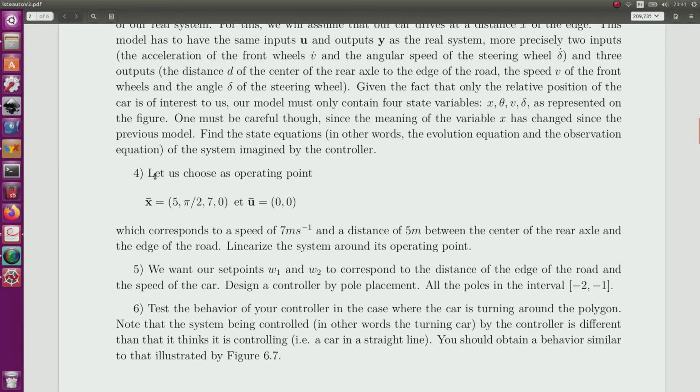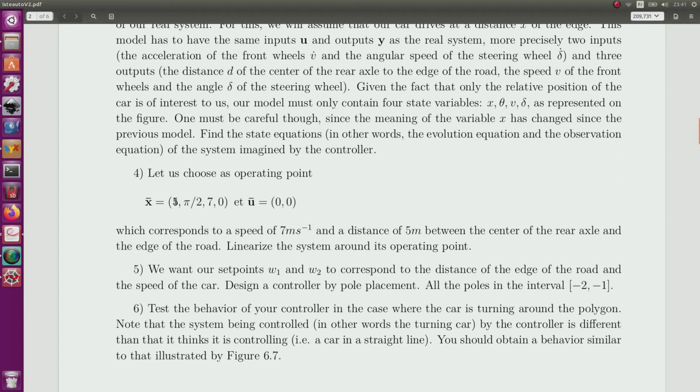Question number 4. To find the controller, a linear method is to choose an operating point such that I can control the system around this operating point.